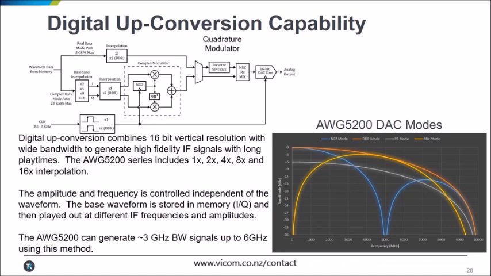Also, with this DAC, you can use several modes that enable you to output your signal at the cleanest portion of the DAC bandwidth and frequency roll-off positions. With its built-in interpolators, it also affords you the ability to create waveforms most efficiently, reducing waveform size and compilation times, as well as extending playback time.